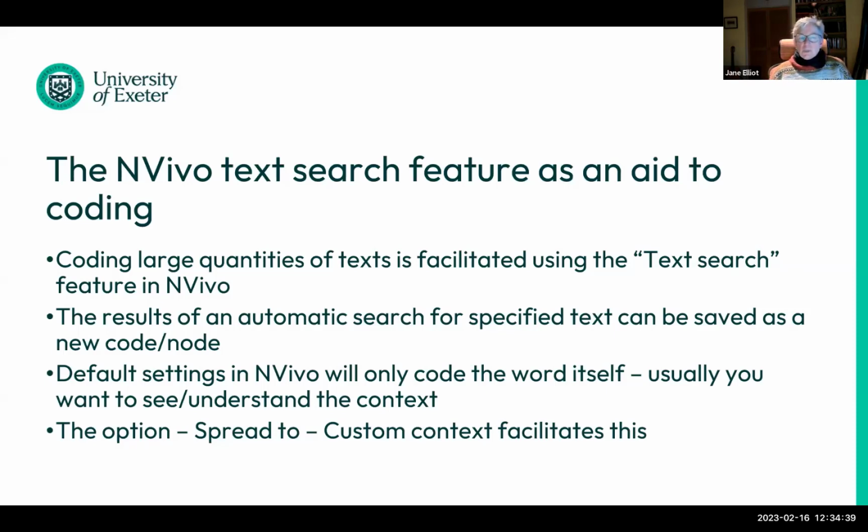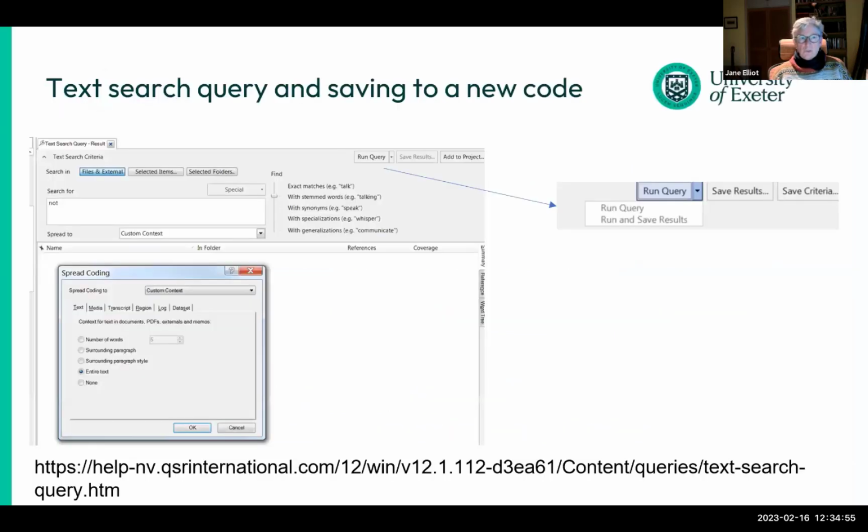And you need to be aware that the default settings in NVivo only code the word itself, but you will often want to see and understand the context. So you can look at the context by spreading your coding to a custom context, as I will show you.